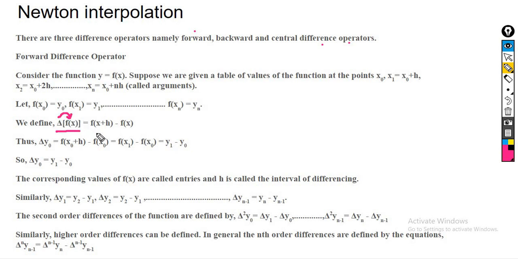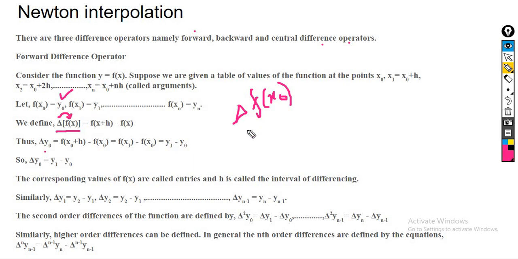What is the mode of operation? The mode of operation is f of x plus h minus f of x. If you want to find this for y0, you are finding delta f of x0. Note that there is a difference between f of x0 and delta f of x0. f of x0 is y0, the first given value.